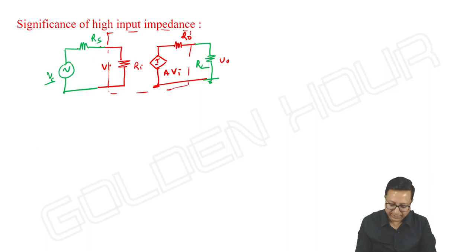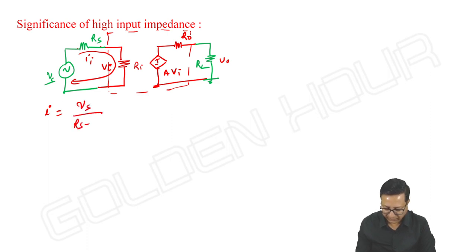If you take this, there is a current flow in the device. What is the input current? II is Vs by Rs plus Ri.